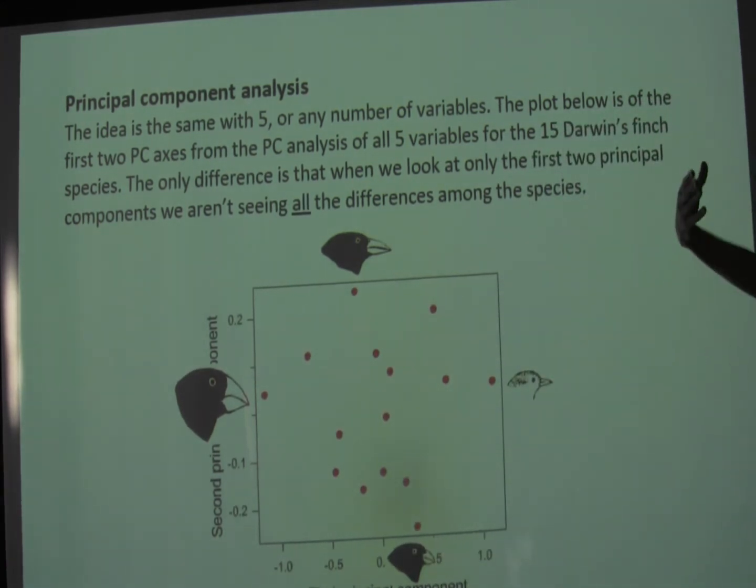I've turned it and I'm looking at it from a particular perspective, but I know that there's additional variation, for example, coming out of the page, so we don't see all of the variation. But nevertheless, if the sum of the eigenvalues of the first 2 axes is a reasonably large proportion of the sum of them all, then we'll get a good idea from looking at all the data in 2 dimensions. And that's kind of what ordination does.